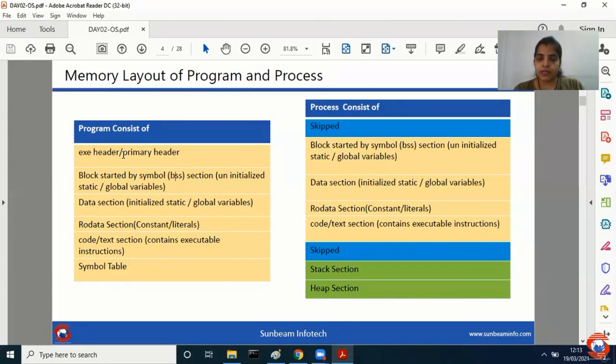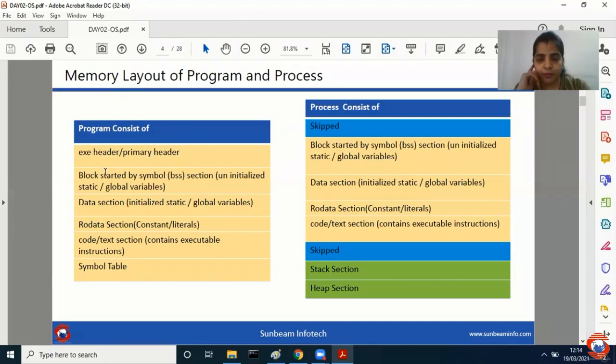What exactly is it? It basically consists of basic information about your file. When it is created, how it is created, what is the extension, what is the size, what is the date of creation, time of creation, start of the file, end of the file. All the information is kept in this header, which is called the primary header.